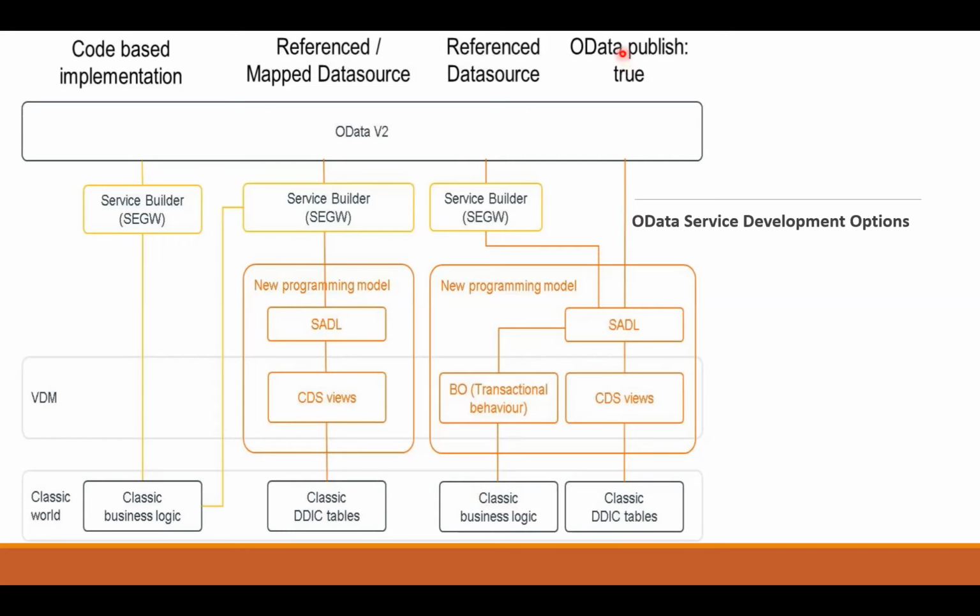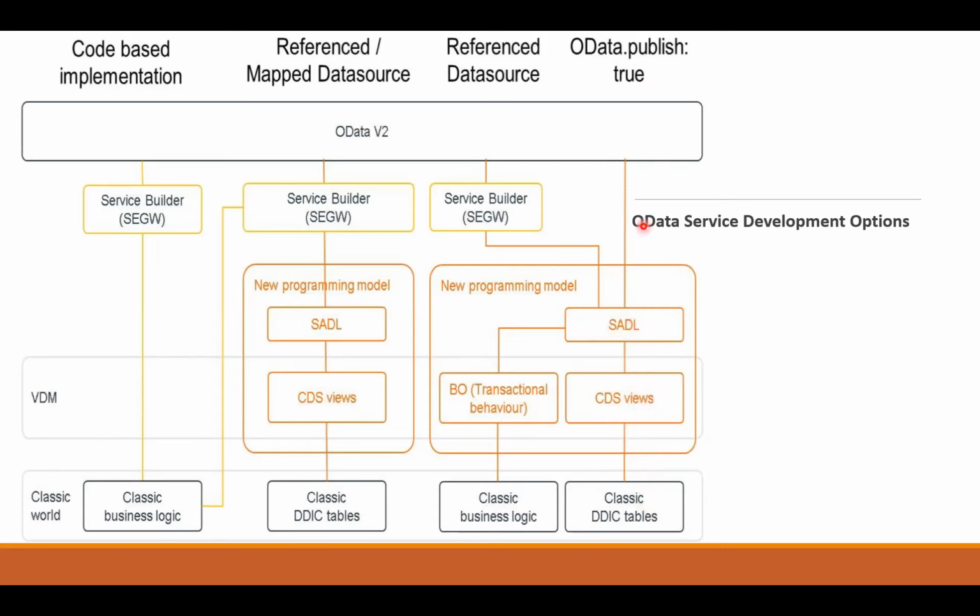Okay, and the other way, the easiest way we have, is OData publish on CDS views. In this way, without BOPF, it's a straightforward, highly capable OData service in terms of reading and everything.